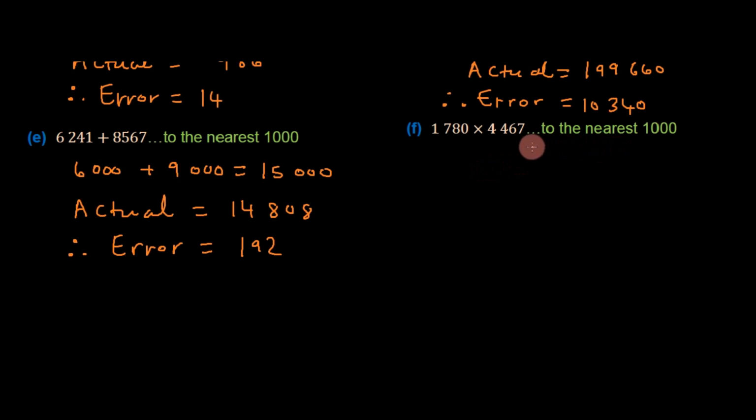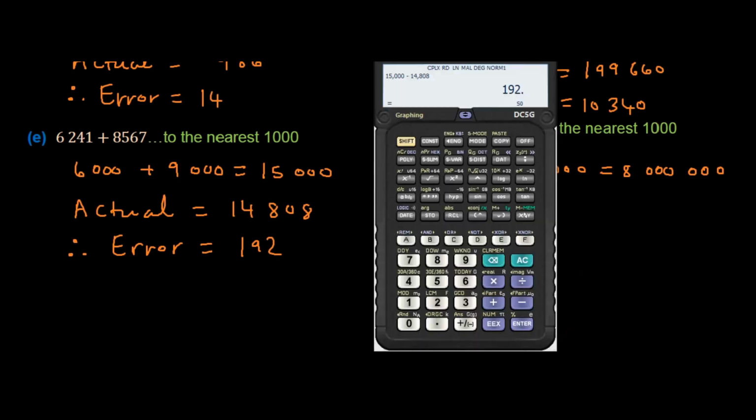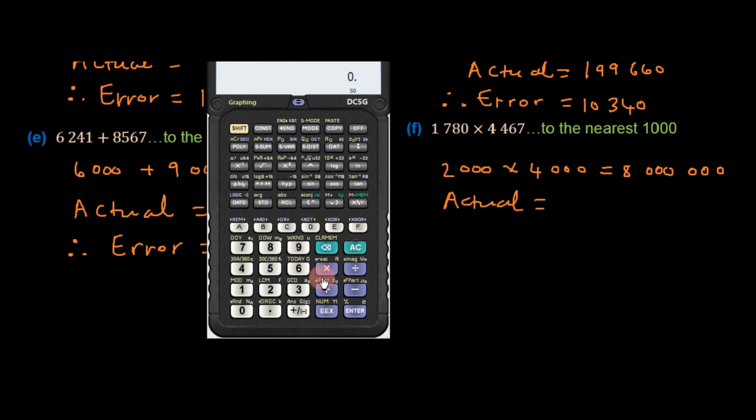Here we once again have to round to the nearest 1,000. So that's going to be 2,000 multiplied by 4,000. 2 times 4 is 8, and we have to add 6 zeros. Then the actual is 7,951,260.